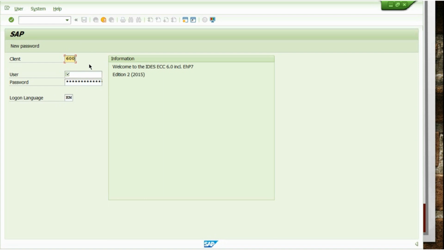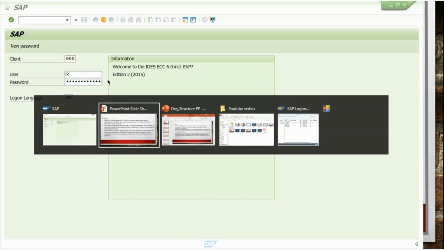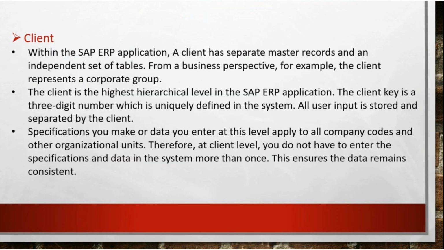The people who work in that client are specific to those clients. These user IDs will be given by basis consultants. So I hope you understand what the client means, which in simple terminology is the place where you can work.